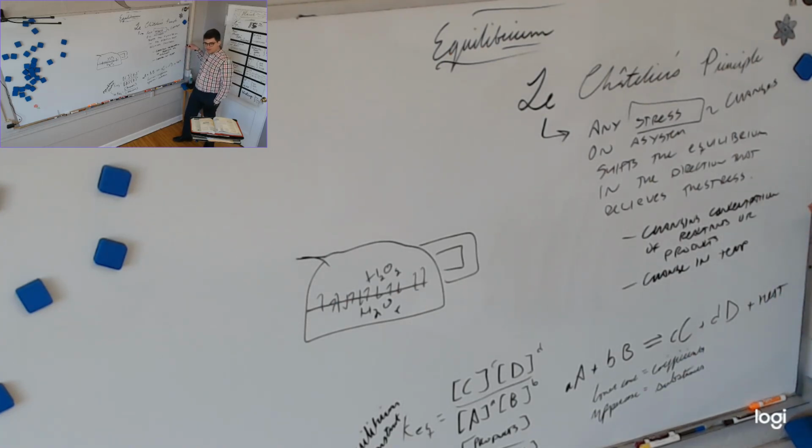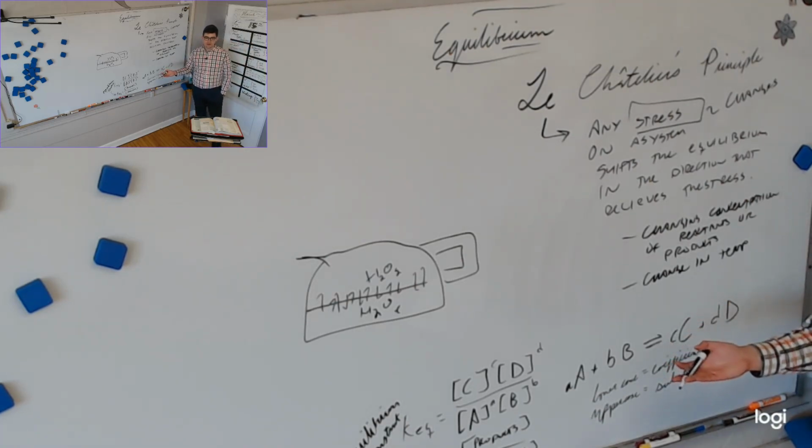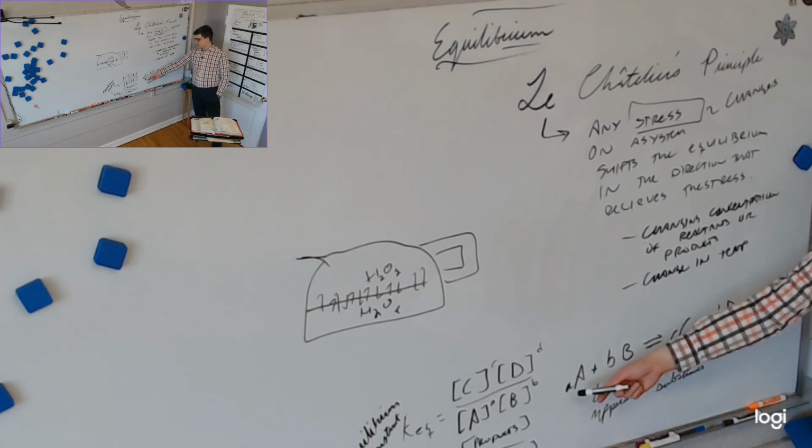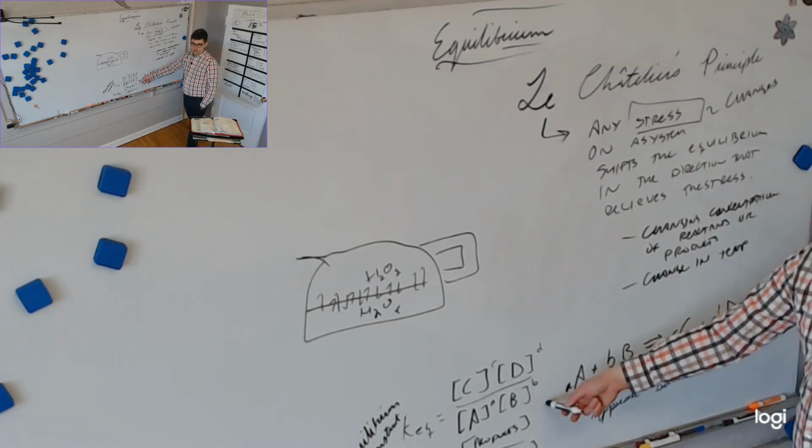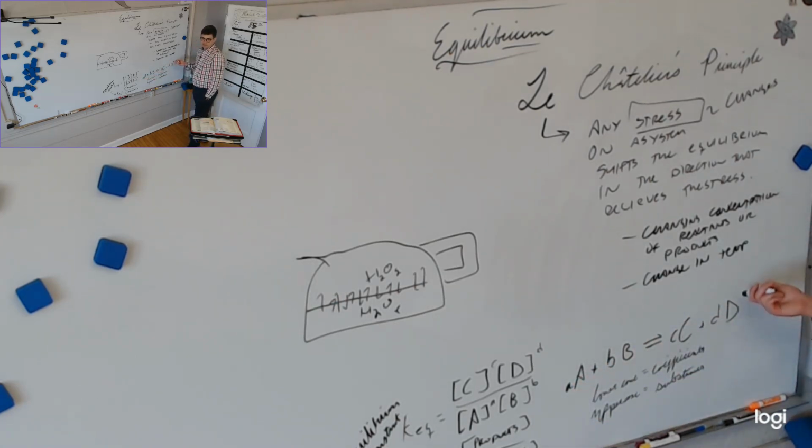So if I'm adding more heat, it'll shift left. Yep. I would encourage you, when it comes to that time: endothermic, heat is a reactant, and exothermic, heat is a product. Just think of it that way.